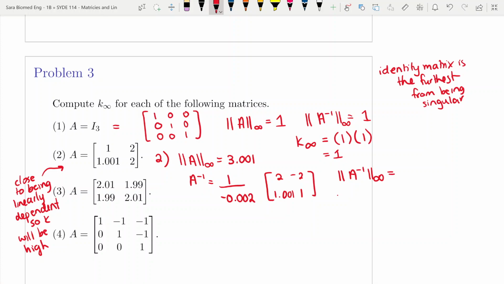It's 1 over the determinant, which is minus 0.002, and swap the diagonal, so it's 2, 1, and add a negative sign. This is negative 2, so this is negative 0.001. Any questions so far? All right, so let's compute the inf norm of A.